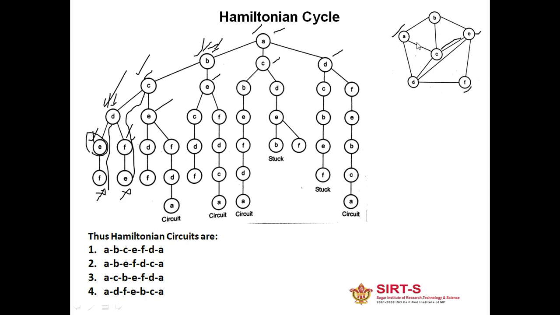The adjacent nodes of C are E, D, B and A. So we are going to take that E itself first, as D is already traversed from C.